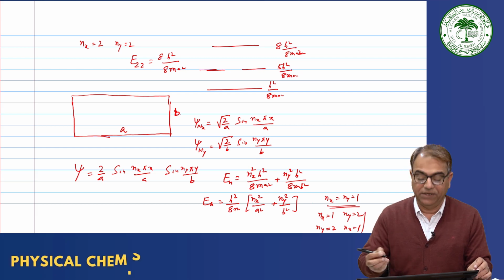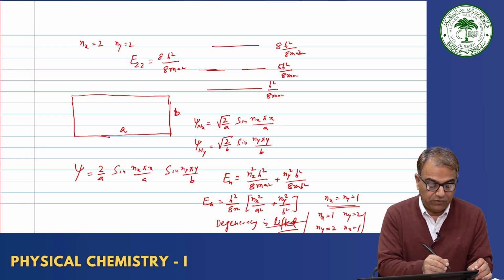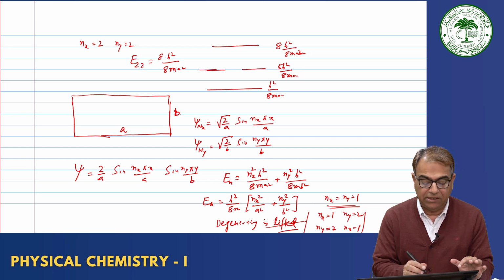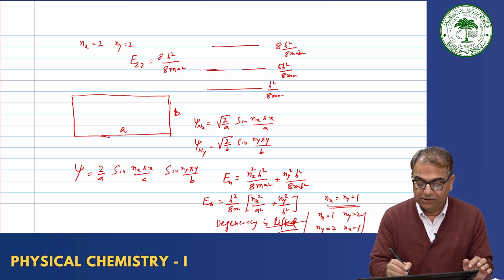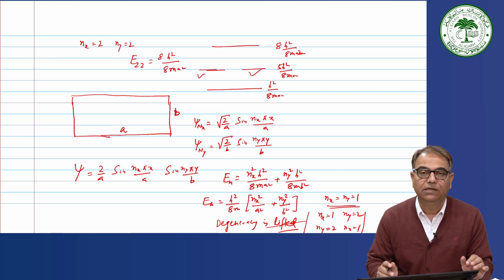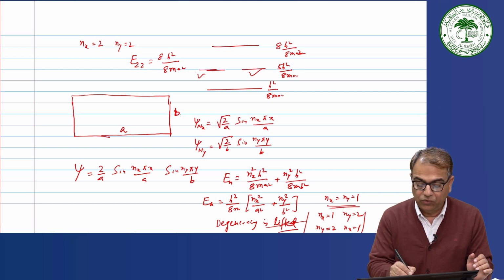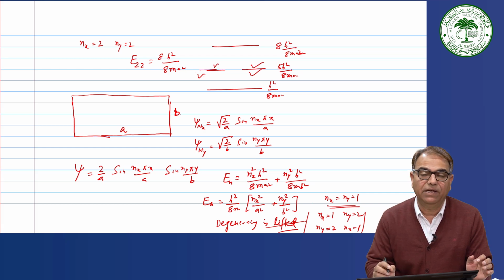Degeneracy is lifted. So, what happened? From the square system to a rectangular system, this energy level which was degenerate, here the degeneracy is lifted. It means the two energy levels do not have the same energy value.